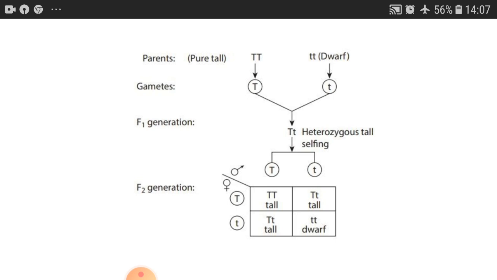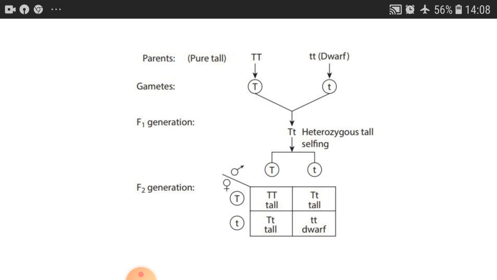The possible gametes are written on two sides, as you can see, usually on the top row and the left column. All possible combinations are represented in boxes below in the squares, and this generates a square output form.